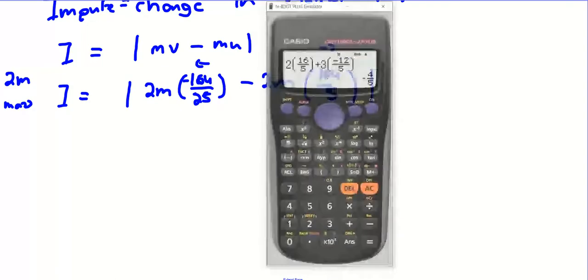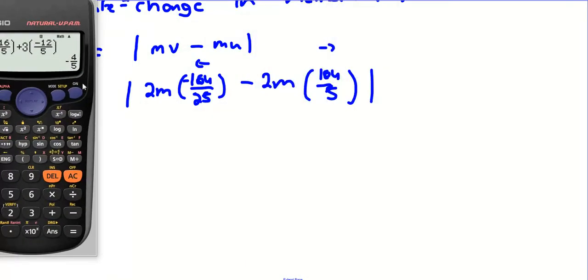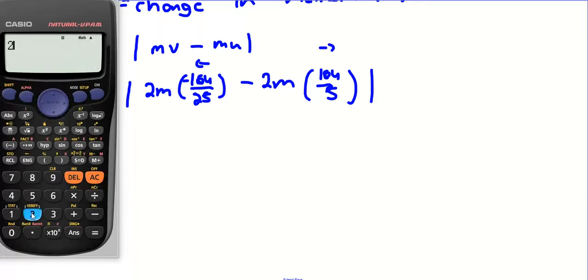Both of them are going to end up adding together basically. So it's going to be 2 times minus 16 over 25, and then minus another 2 times 16 over 25.